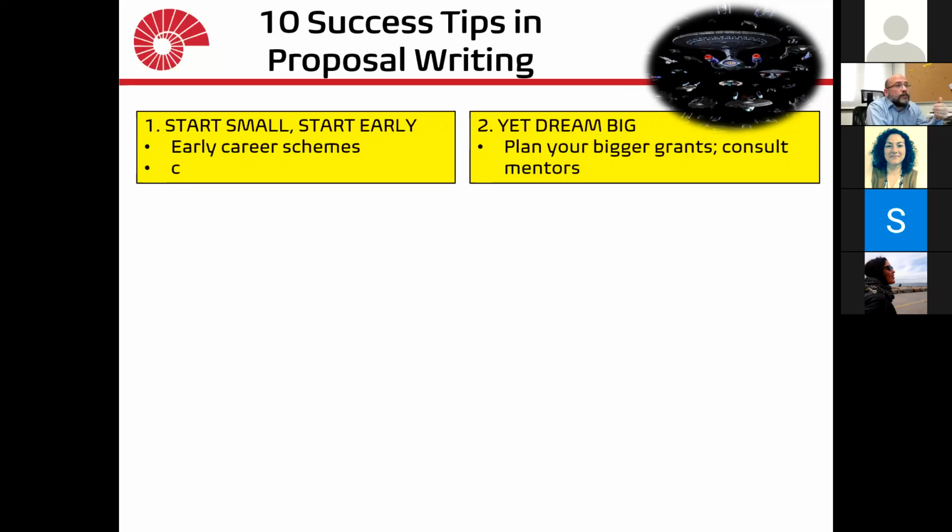Begin reading about and investigating the program rules of these bigger grants. I know in my experience here at Koç University, there were and still are a lot of junior faculty who start with some small grants in the national TÜBİTAK system or in the international system, but they plan very well ahead.